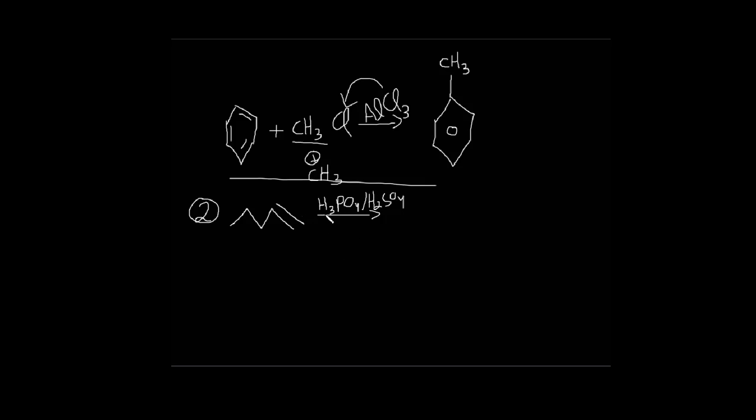And obviously, as you learned in Organic Chemistry 1, the bond can take a hydrogen from the acid, and you get the carbocation here, according to Markovnikov's rule. Okay, and then the benzene can attach itself here to where the carbocation is.